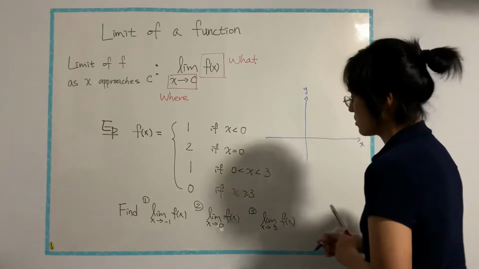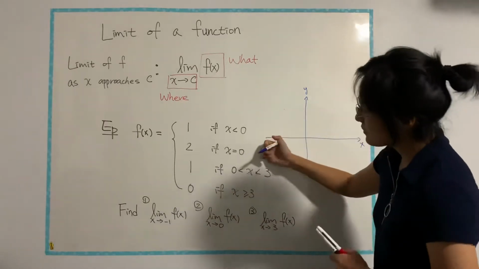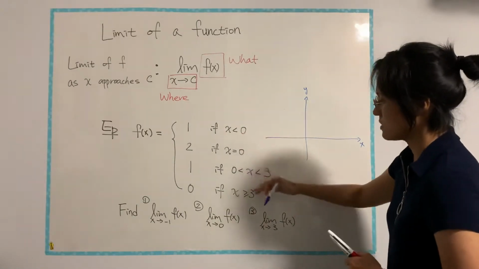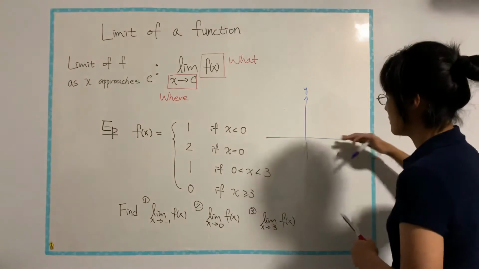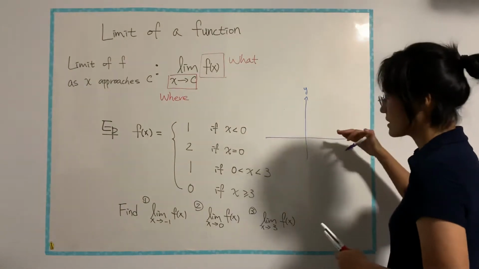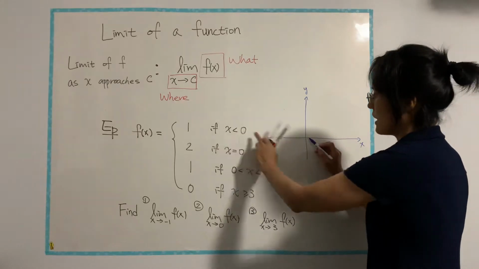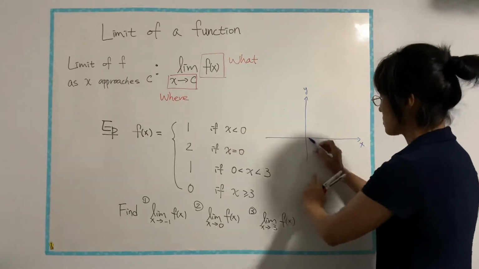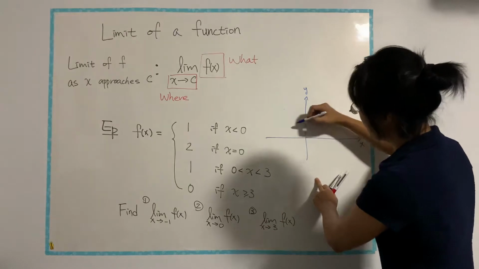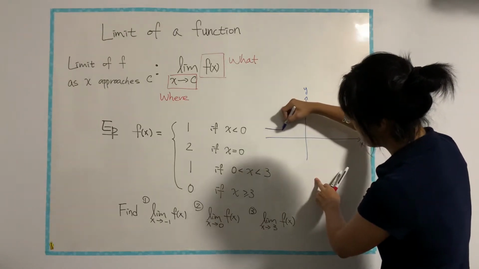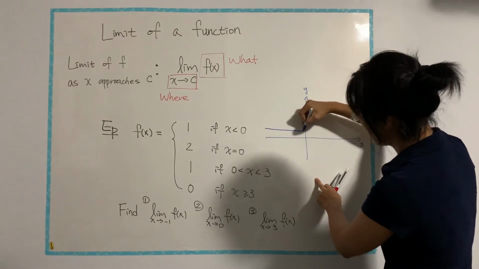On the XY plane, remember, when I have a piecewise defined function, I look at it piece by piece. On the left-hand side of the y-axis, that's where x is negative. So I know when x is negative, the output value y is just all ones.